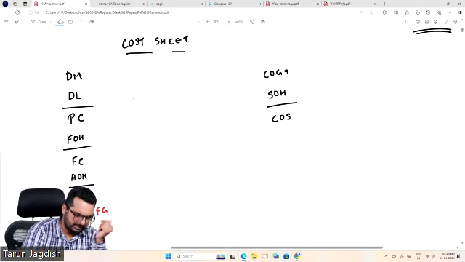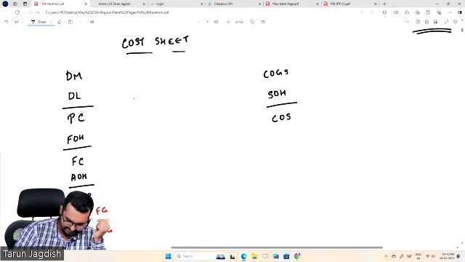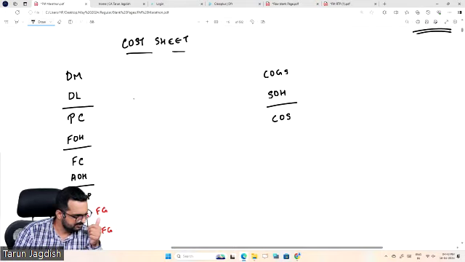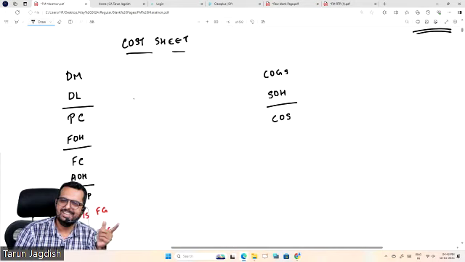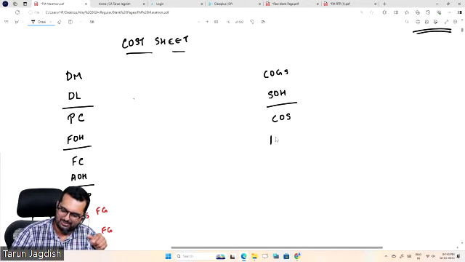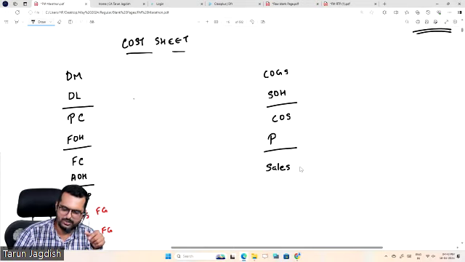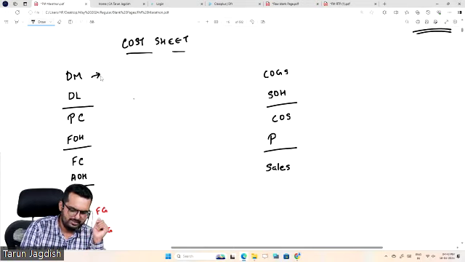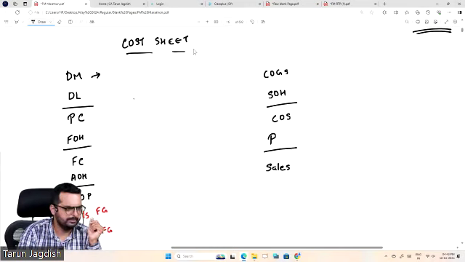Normally we add closing in the budget. Here it is the other way around. Then you have cost of sales. After cost of sales, what will come over there? Profit. And finally, what will you get over here? Sales.